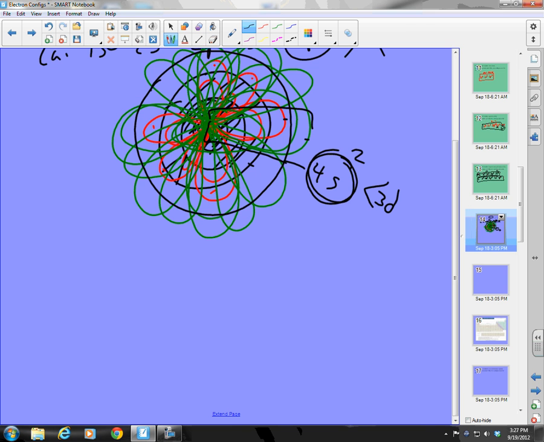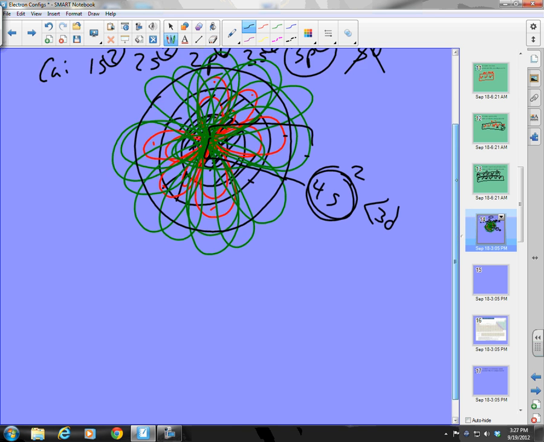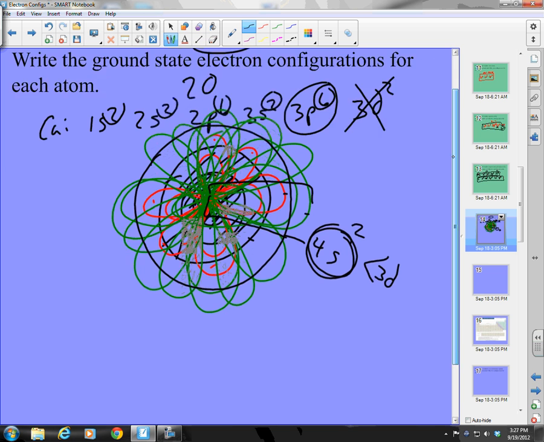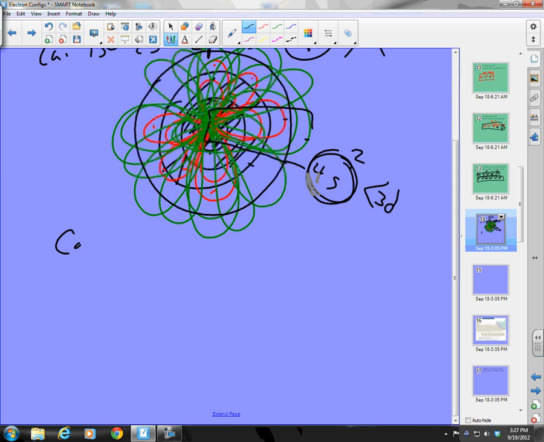So for my magnesium, is it magnesium? No, I think it is calcium. So calcium would be 1s2, 2s2, 2p6, 3s2, 3p6, 4s2. Got it?